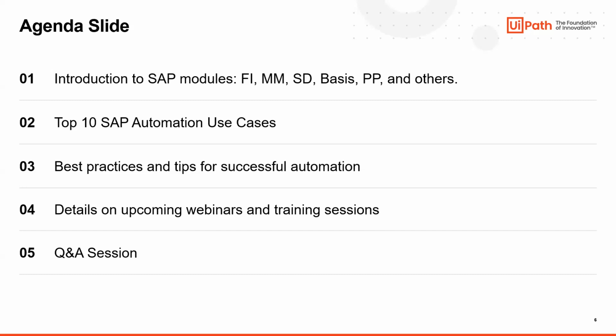We will also discuss some of the best practices, as we have been doing in previous sessions. Diana already mentioned that we have one more session coming up as part of this series, and you can also register yourself for the community chapter to receive all the latest updates. Last, we will have a Q&A session.